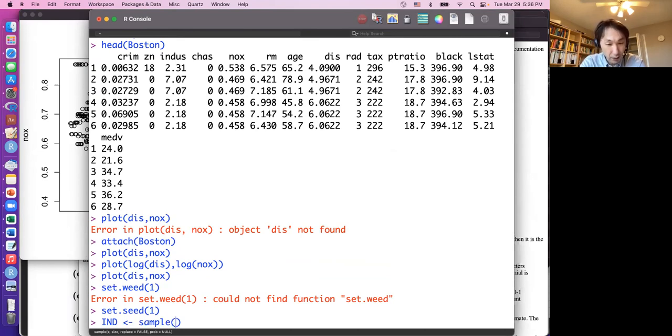So half of the data will be training and the other half for the test. It's sample 1 to 506 and 253. It's more convenient to sort these numbers, so we sort, then it becomes increasing order. This is basically the indices for training.